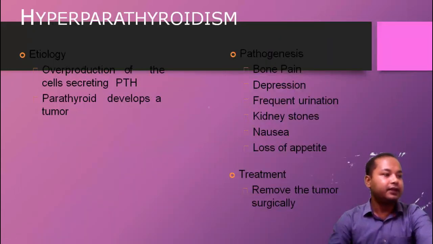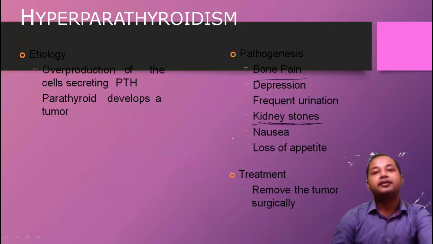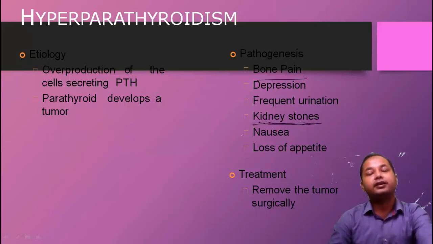Hyperparathyroidism causes bone pain, because there is excessive removal of calcium from the bone. So bones will become brittle and they can fracture. Basically, calcium from the blood is removed through the kidneys, so there is an increased chance of calcium deposition in the kidneys in the form of kidney stones, and it is more implicated in the formation of oxalate stones.